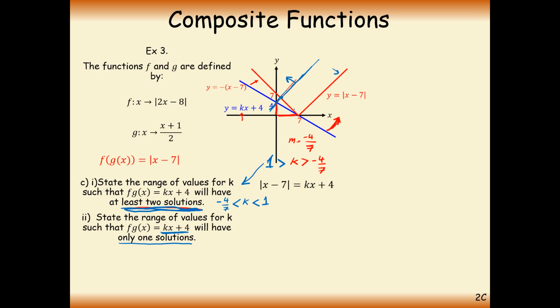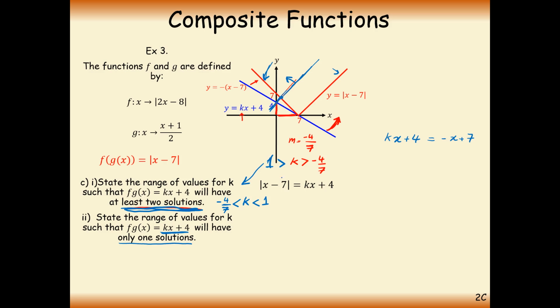That means that the blue line kx plus 4 will have to meet this curve here only once, the curve negative x plus 7. Okay, so let's explore that.